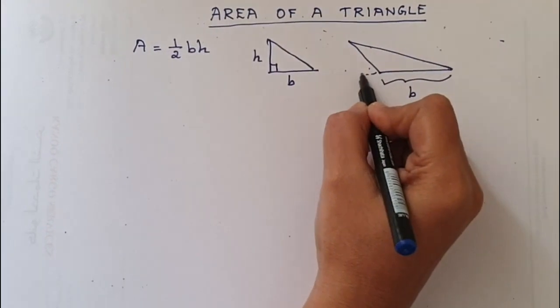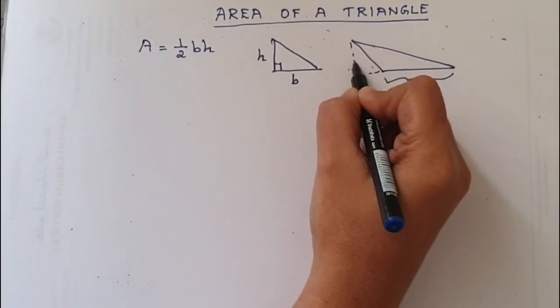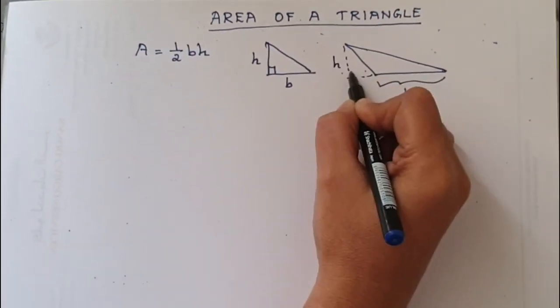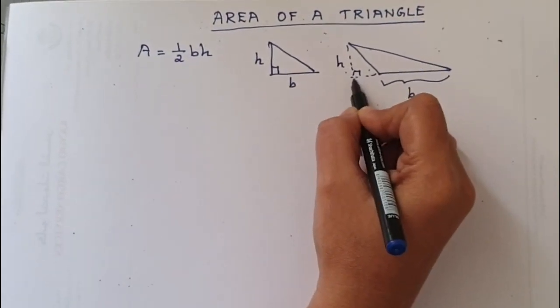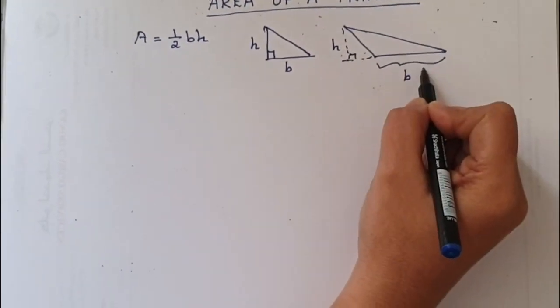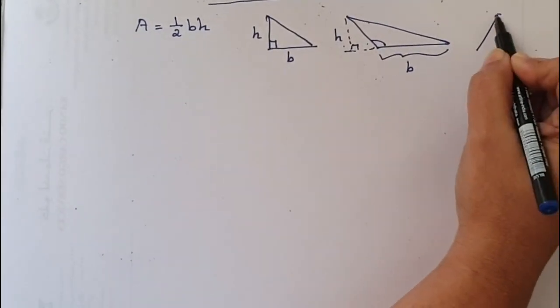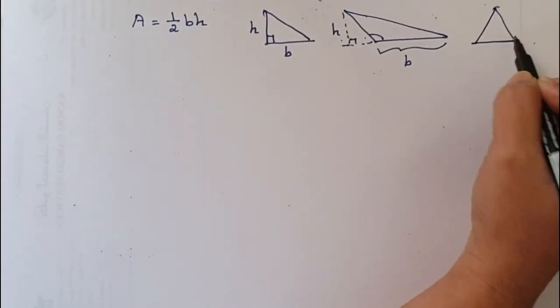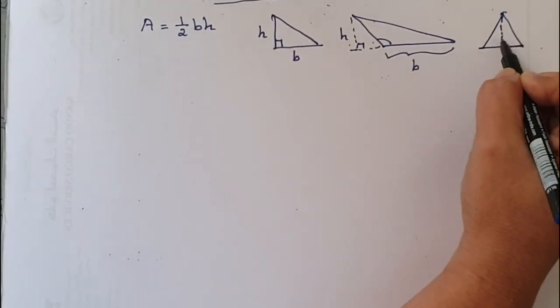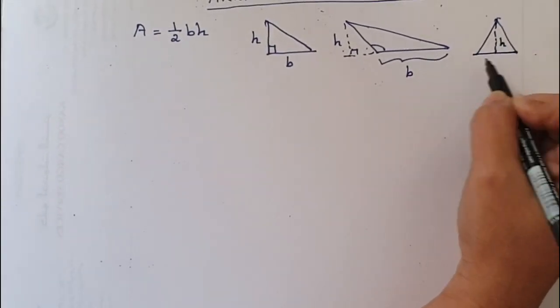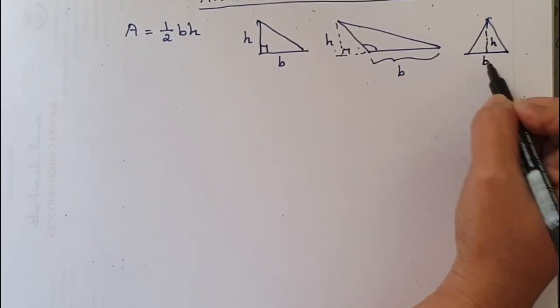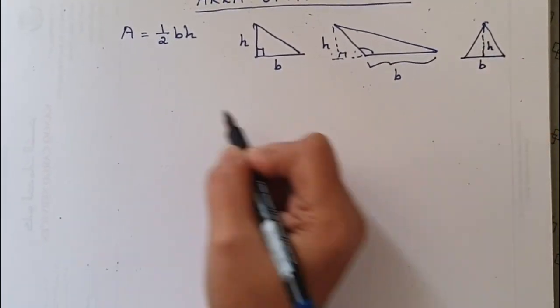The height will be the perpendicular line to the base. So this will be the height. The perpendicular line will be our height, and this is the length of the base for an obtuse angle triangle. When it is an acute angle triangle, like this, we have the perpendicular line, the length of the perpendicular line is the height, and this will be the base. All of us know this.